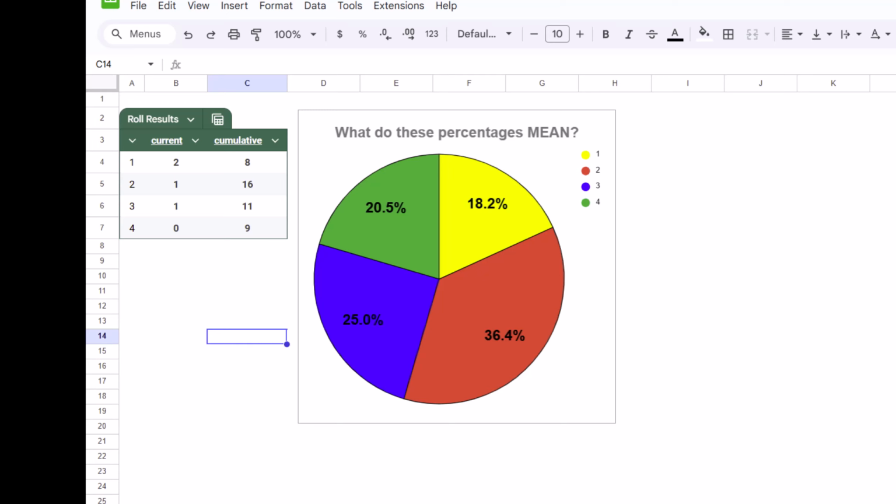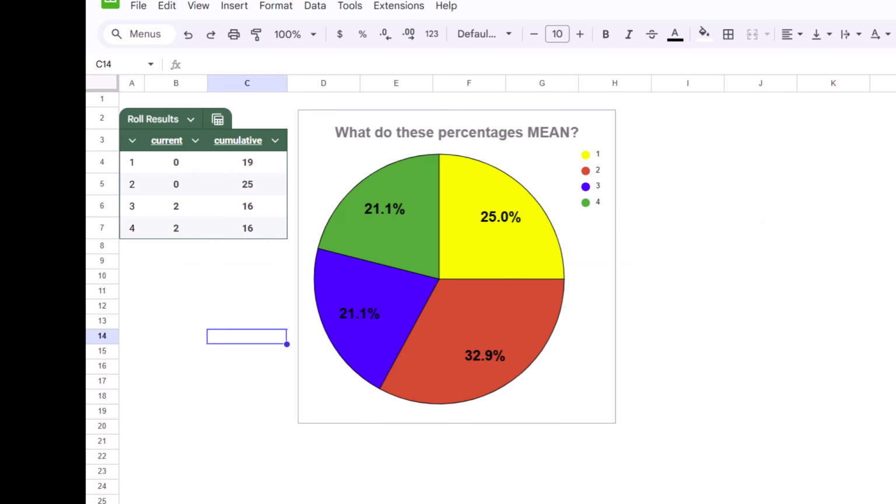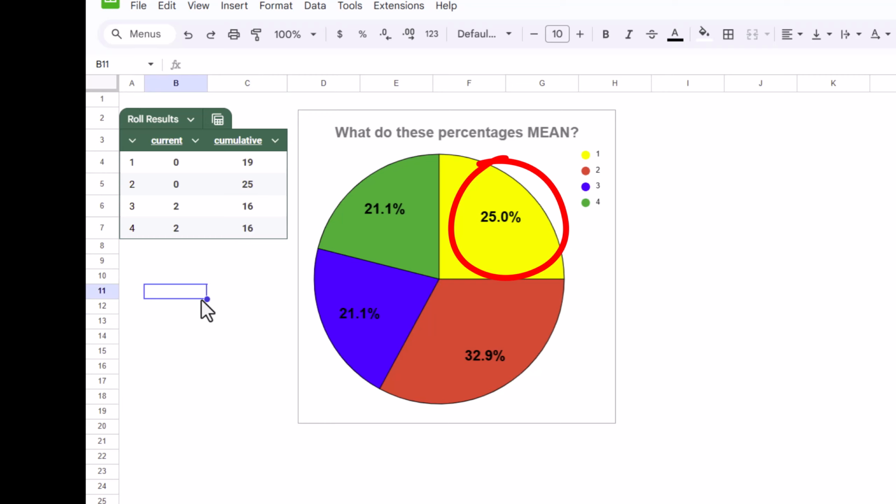So what I propose we do is we roll more dice and then look over here. Oh, look, now the percentages, now look, now 3 went to 21.1% and now 1 is at 25%. Okay, I think the solution here is I'm going to go ahead and hold down the randomizer, let this thing roll for a good long time, and then speed the video up after we see what's going to happen. Let's take a look.